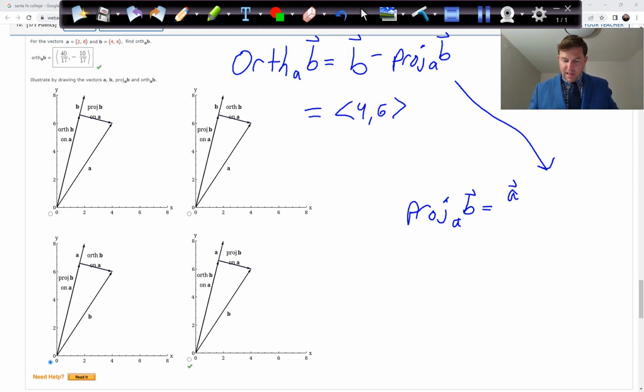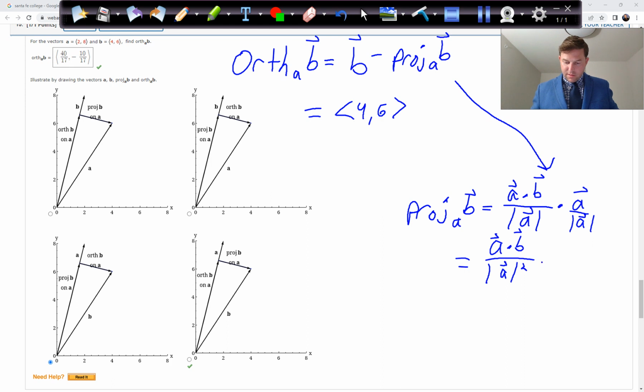It would be A dot B divided by the magnitude of A times A over the magnitude of A. So this is really A dot B over the magnitude of A squared times A. And I have to be real careful. This is not a dot product. This is multiplication. Okay, so A dot B is going to equal 2 times 4.